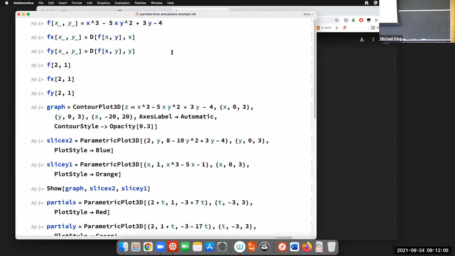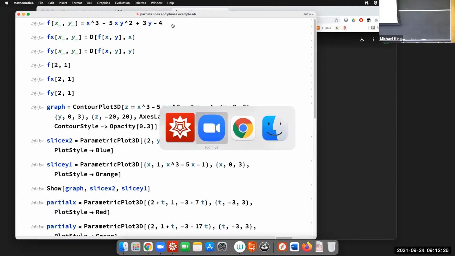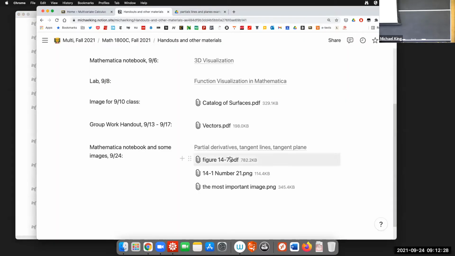All right, so today I wanted to talk about partial derivatives. I want to start chapter 14, start talking about partials. Here's a Mathematica notebook I posted, and here are some pictures we're going to look at. I don't know if we'll get to the most important image today.